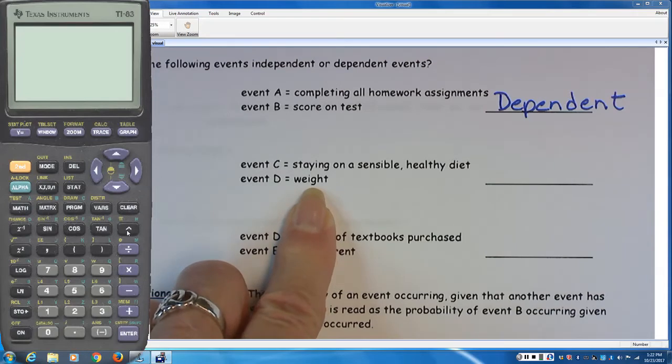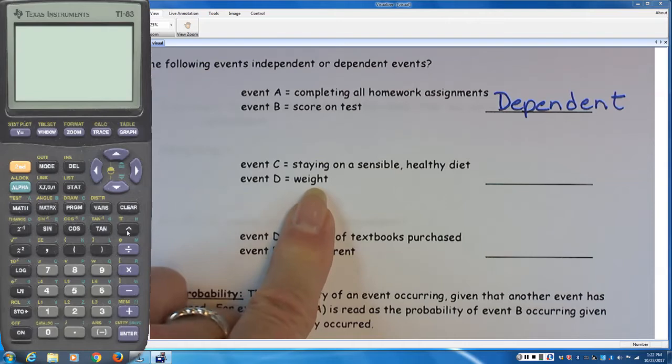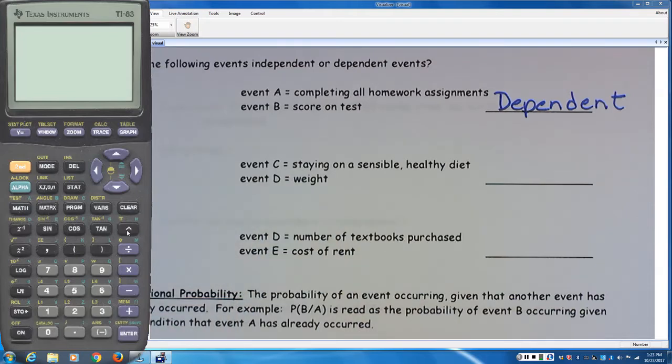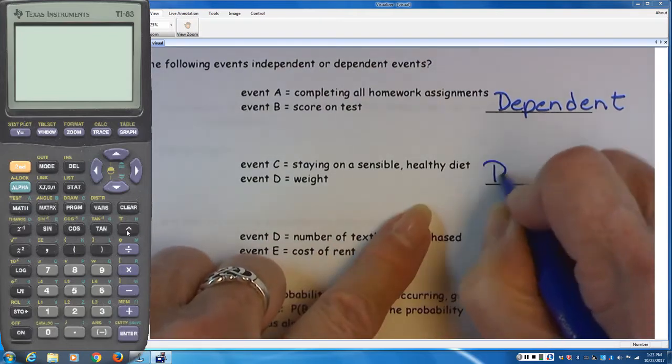It might mean that I just exercise a lot. It might mean that I was just born with a really good metabolism. But does it have to work that way? No. Staying on the diet, does it influence your weight? Well, probably. Okay? There is an influence one way or the other. It doesn't have to be both ways. Okay? So here again, this is dependent events.